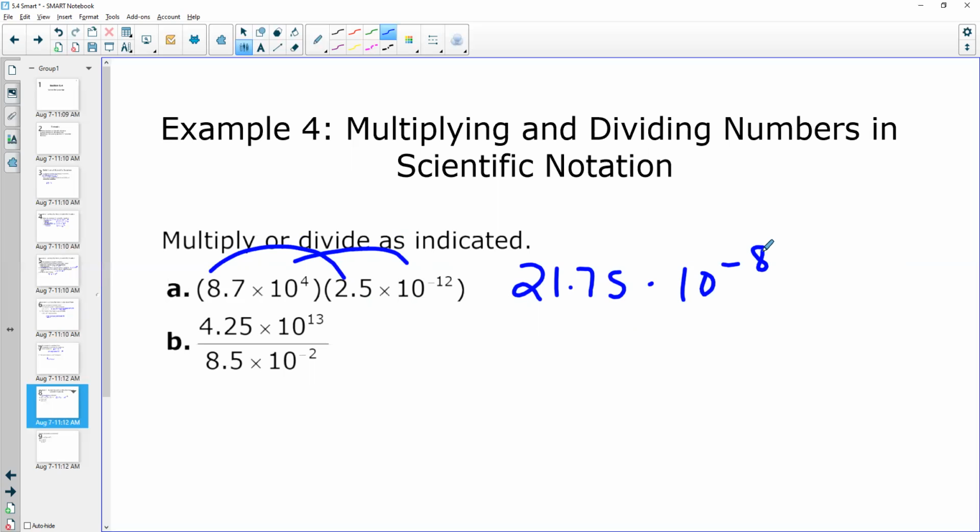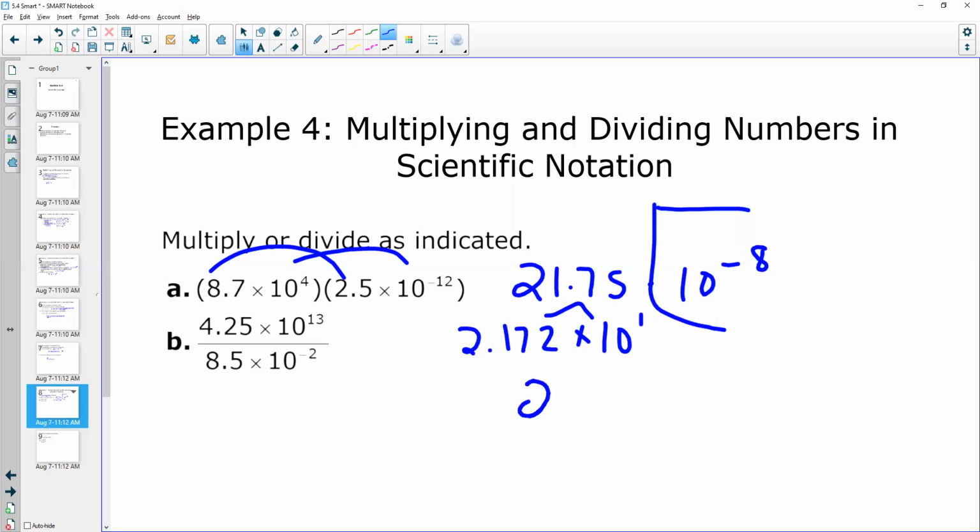And now I have to evaluate, is 21.75 in scientific notation? No, it's not, is it? So what I can do for just a moment is ignore this 10 to the negative 8. If I had 21.75, I would rewrite it as 2.175 times 10 to the positive 1, because I'm making a bigger number, right? That's what I would do to get 21.75 back.